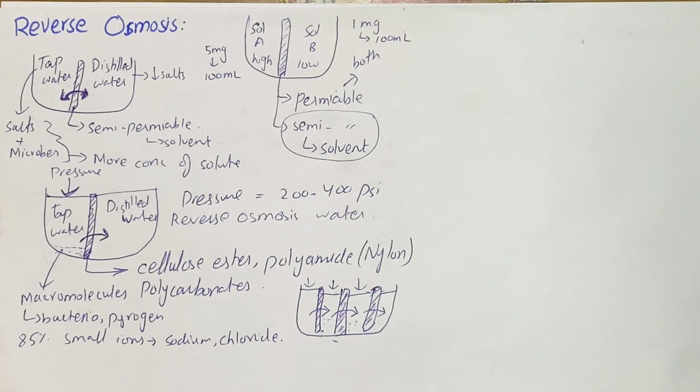So in reverse osmosis, pressure is applied to one side of the tank, and in this way the pressure forces the water or solvent molecules to move against the normal osmosis process, and there will be movement of solvent molecules from the higher solute concentration solution to the solution having low concentration of solutes.